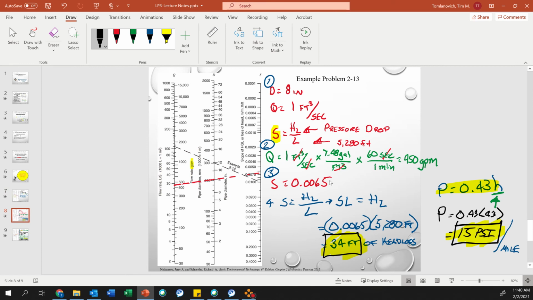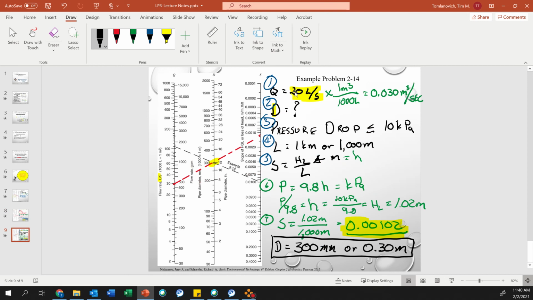What I want you to do is rearrange the equation to solve for S, because then you can find HL. That's a check based on the nomograph. And then rearrange the equation to solve for D on this one to see if you get that answer using a calculator.